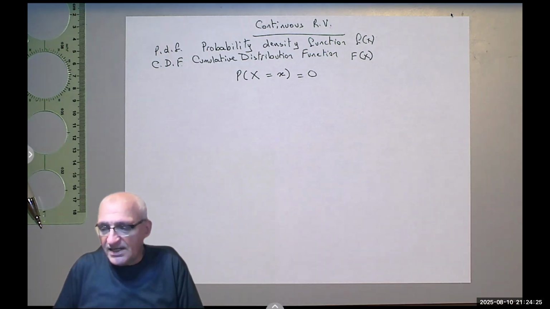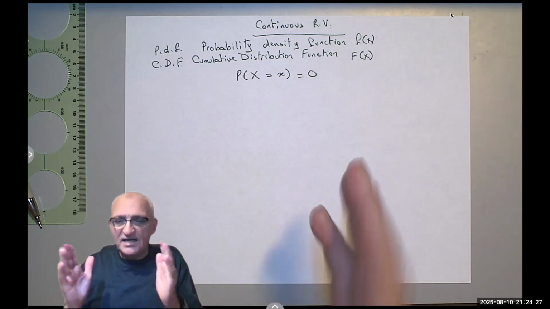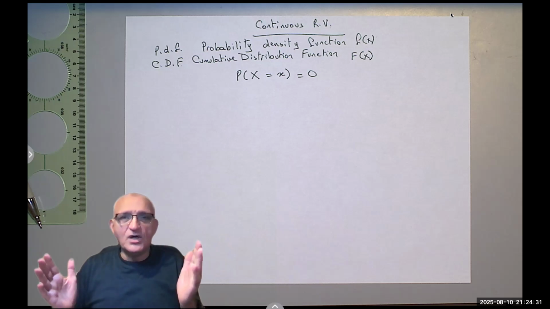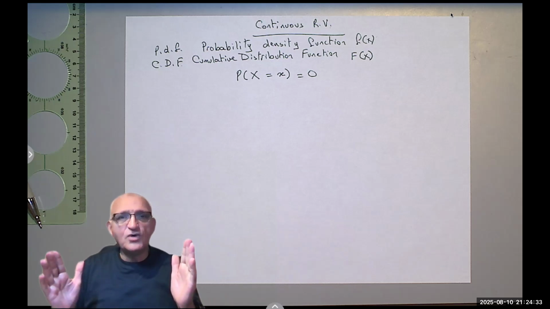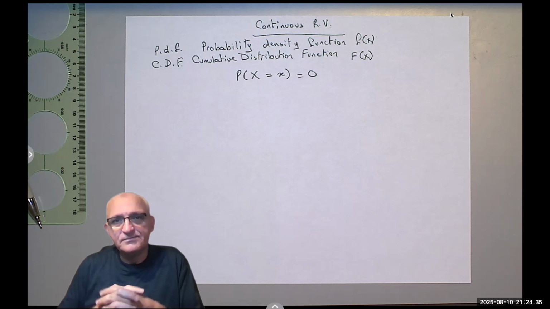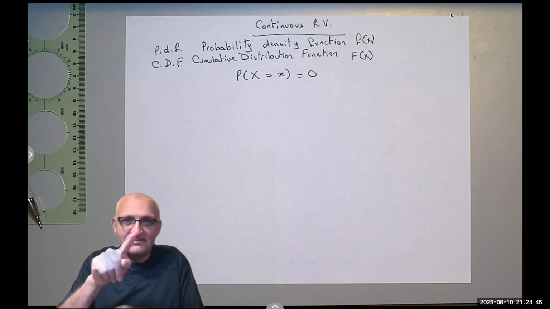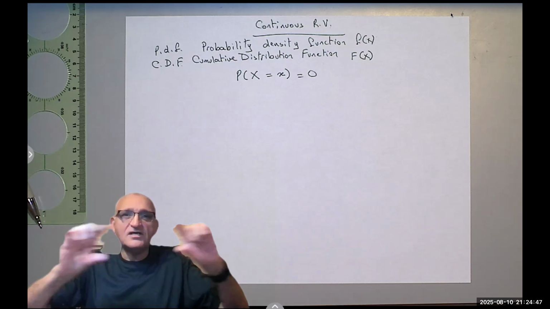Nice. Now, assuming my function is between, say, even 0 and 1. Only 0 and 1. And it's equally likely. How many points exist between 0 and 1? Infinity.